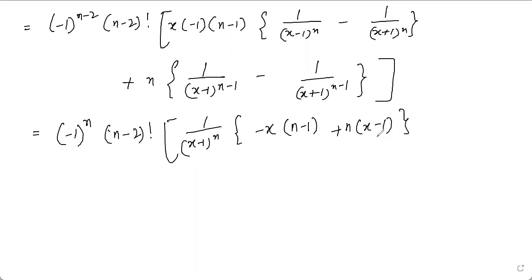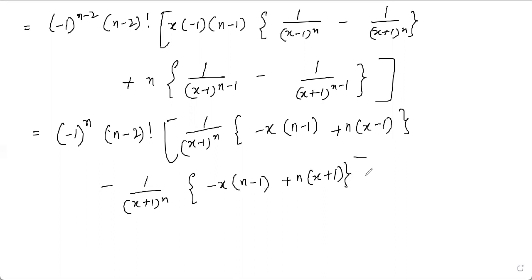Close the brackets. So minus 1 by (x plus 1) to the power of n. Open the brackets: x(n minus 1) plus n(x plus 1).